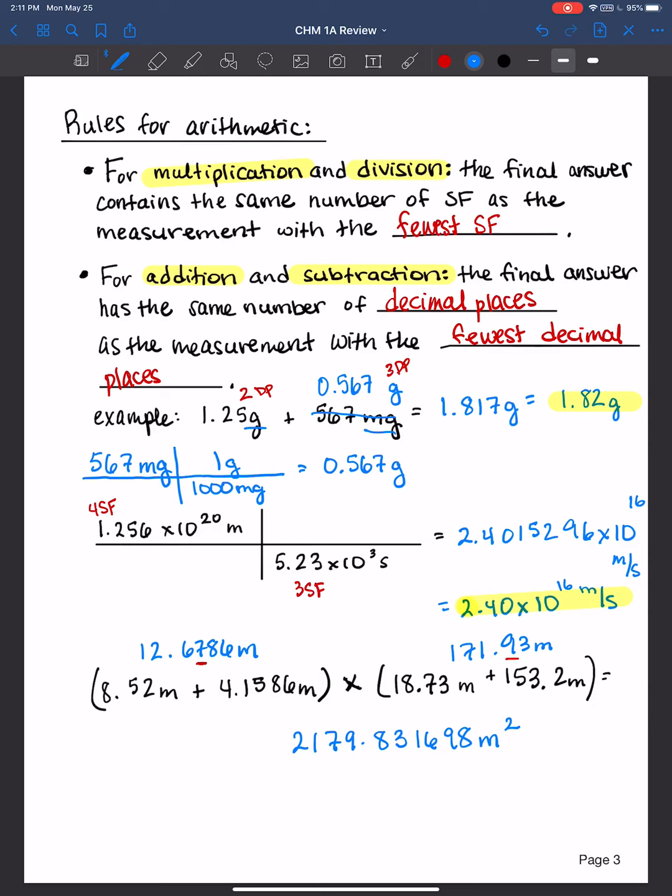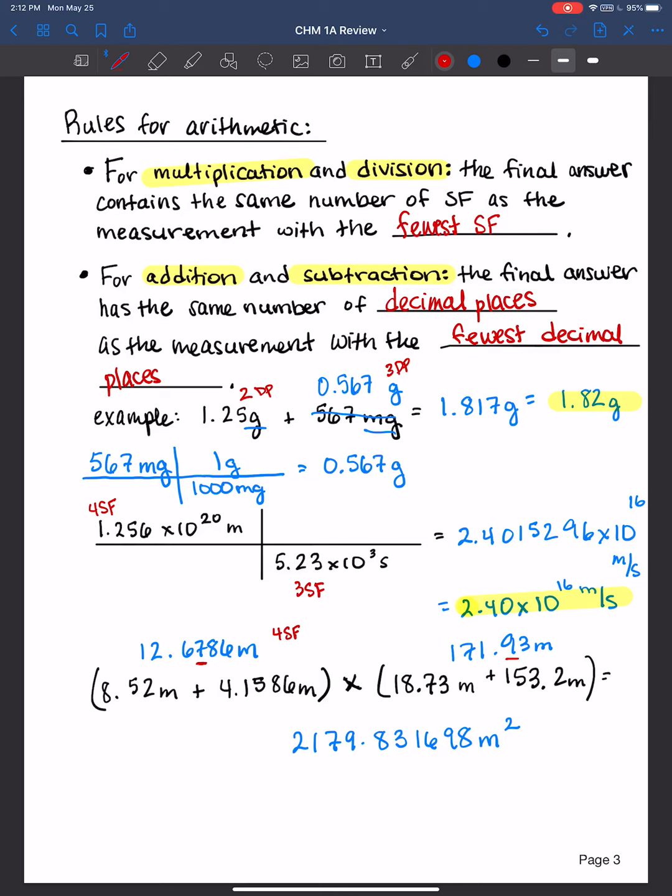All right. Now, multiplication is not to decimal places, but rather to the fewest significant figures. So I look at my answers that I had written up here, and I ask myself, how many sig figs would they have been if I had reported them as the final answer? And it looks like it would have been 1, 2, 3, 4. And I will write that in my different color pen as 4 sig figs.